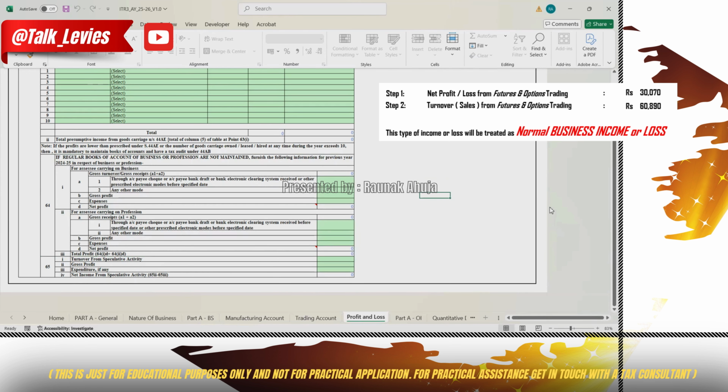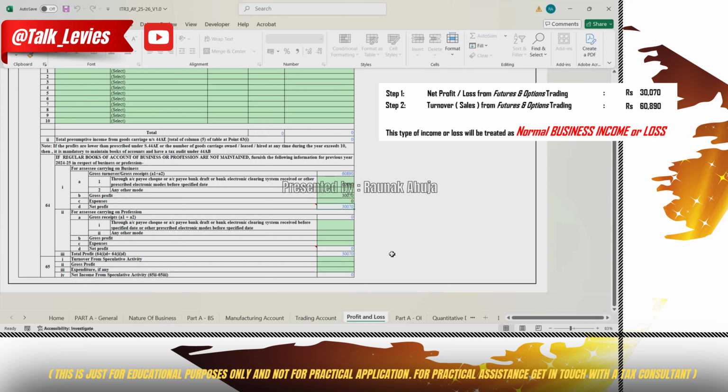Further, since all the transactions are being conducted through banking mode, we'll be filling the details of the turnover in the first line, that is this one, and then mention the gross profit right here. In case you have any other business expenses, then you can mention it right here. In my case, it's not there, hence I'm mentioning 0.